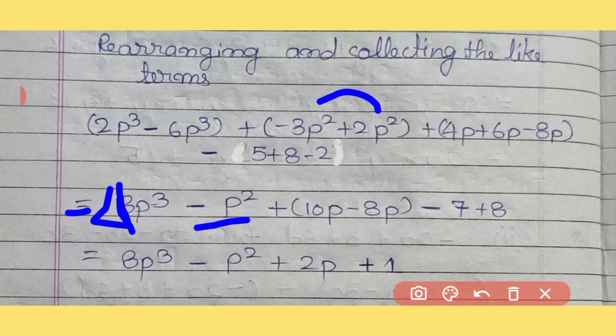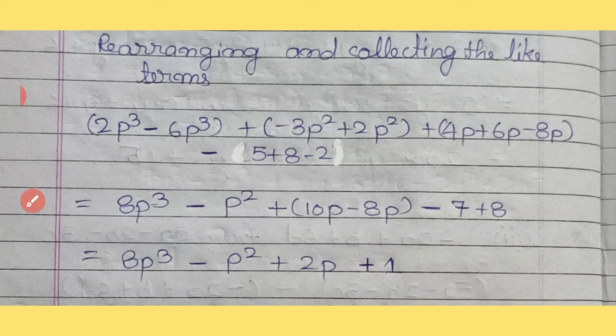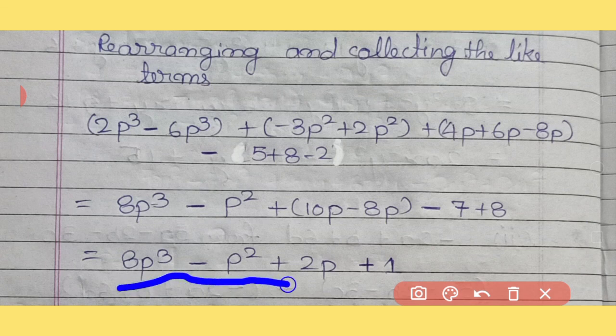In the third bracket, 4p plus 6p becomes 10p, and 10p minus 8p gives 2p. And here minus 5 minus 2 becomes minus 7, and plus 8 minus 7 becomes 1. So the answer is minus 4p cube minus p square plus 2p plus 1.